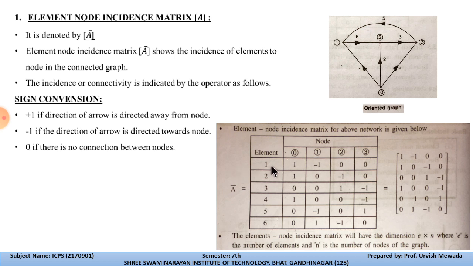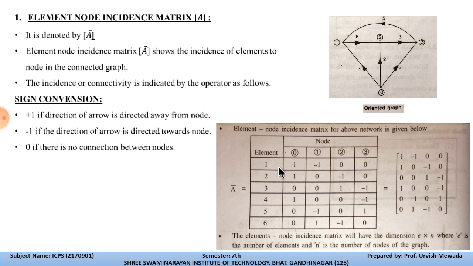Now we will check the relation of element number 1 with node 0. From 0, element 1 is going away, so it is positive, plus 1.